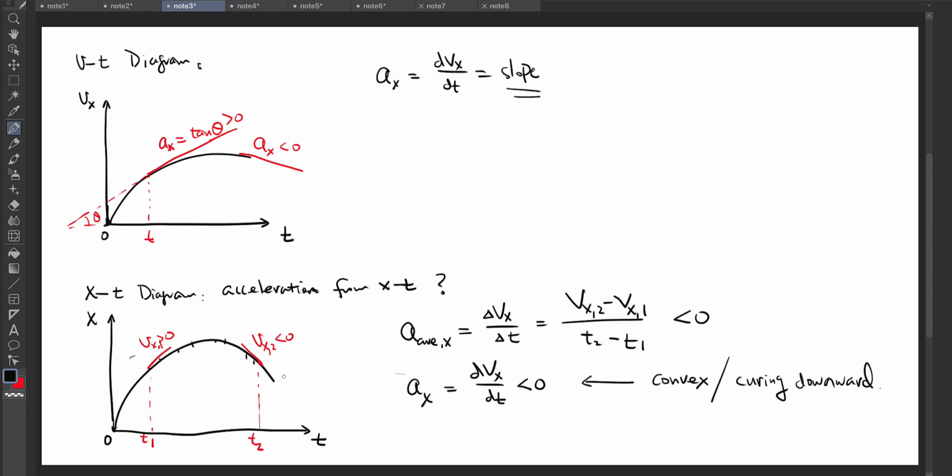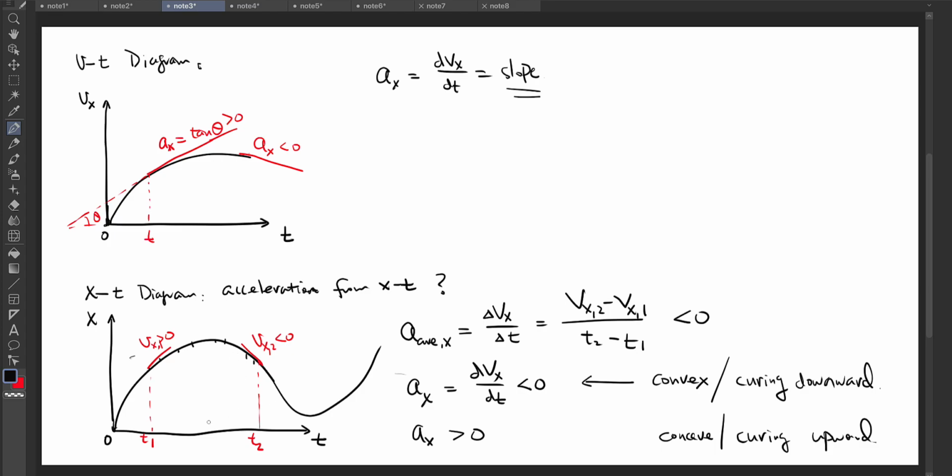Okay, now what happens if the curve now goes up like that? Now it's curving up, or concave, curving upward. Then we say this ax is always positive in this case.